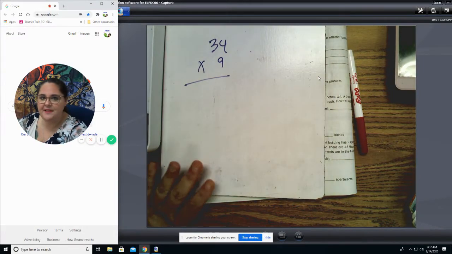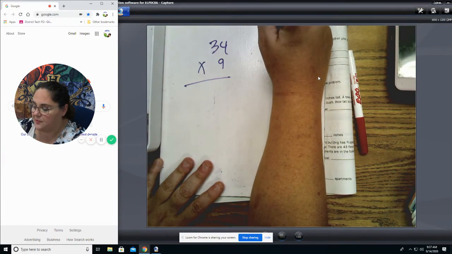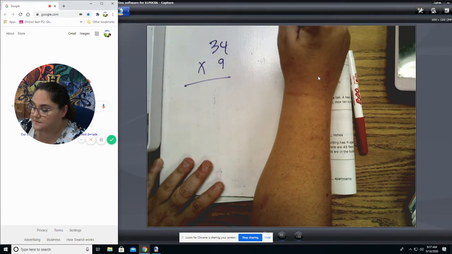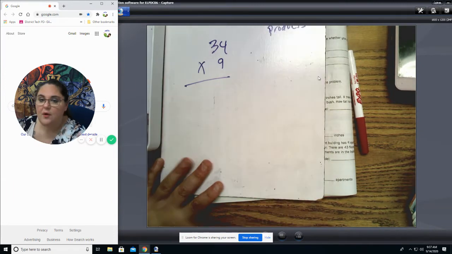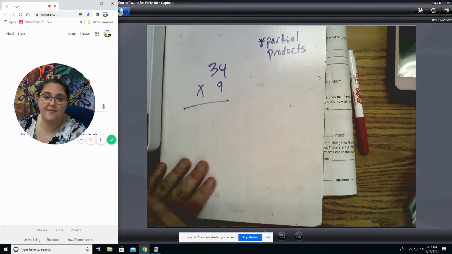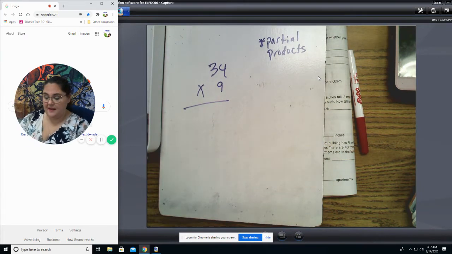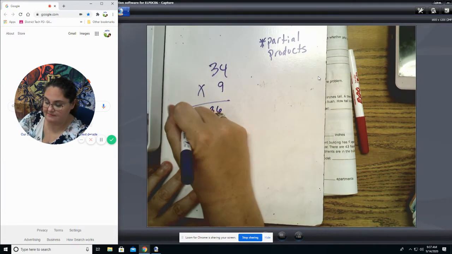Now, we're going to use something called partial products. Partial products is basically exactly that. It is part of the number and then you add them together. So I would do 9 times 4 is 36.